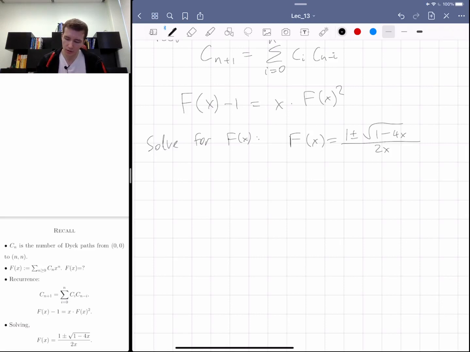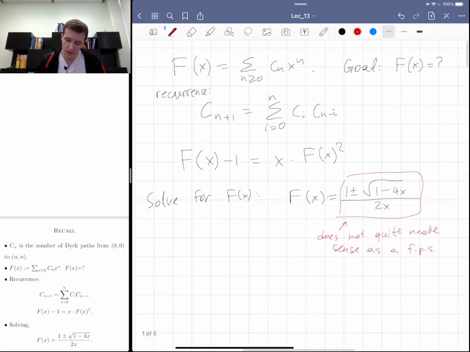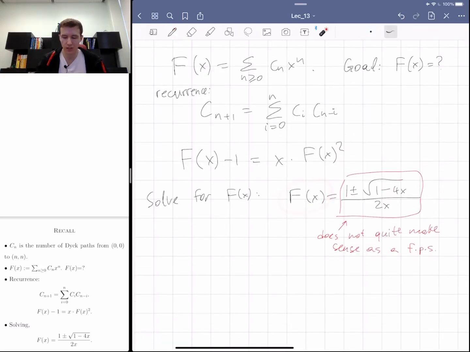And as I mentioned, the right-hand side does not quite make sense as a formal power series. Meanwhile, the left-hand side, f of x, is uniquely defined. It's a specific generating function: f of x is 1 plus x plus 2x squared plus 5x cubed plus etc. It's well defined, so I have to be more careful.